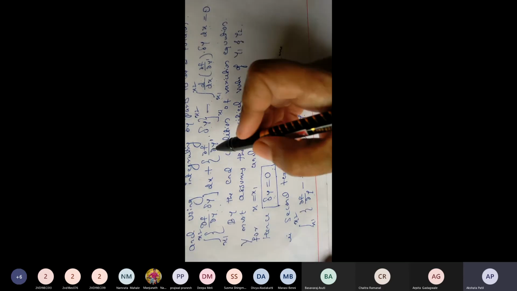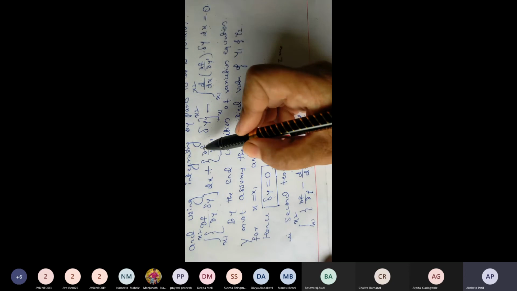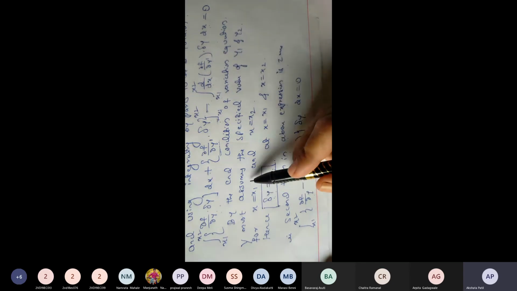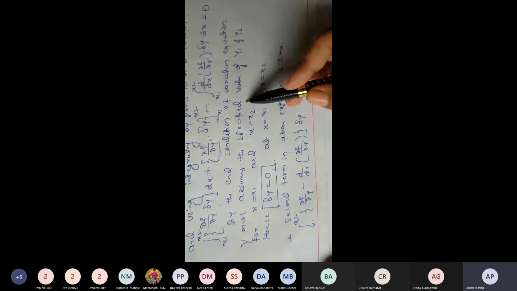The second term, ∂f/∂y' into δy, becomes 0 by the definition of variation, because y must assume the specified values of y1 and y2 at x equals x1 and x equals x2.